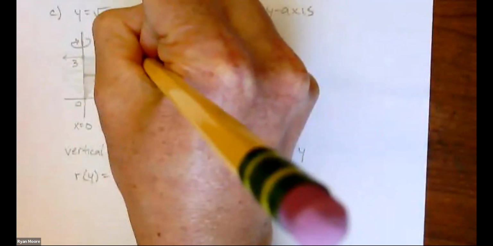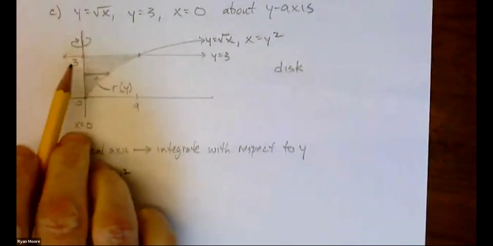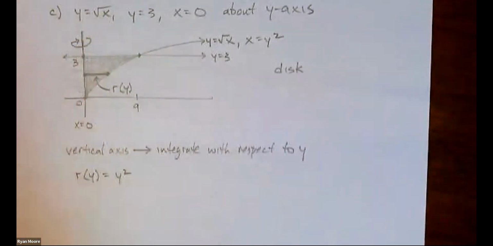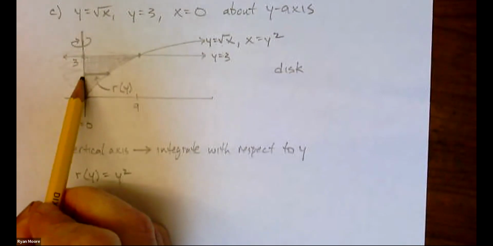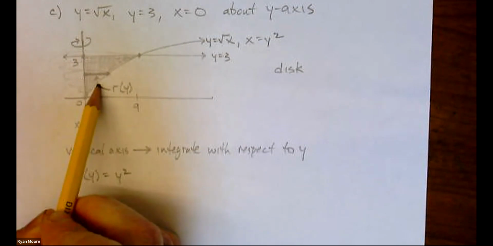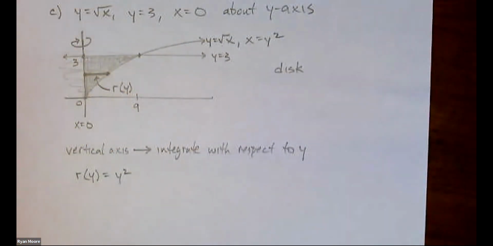The radius here is 9, right? We figured that out before. If y equals 3, would that produce a radius of 9? Sure would. Y squared, 3 squared, gives us the 9. And it would be true for all these other values of y in between, all the infinitely many. If we take that y value and square it, that tells us how far the radius is at any given point.